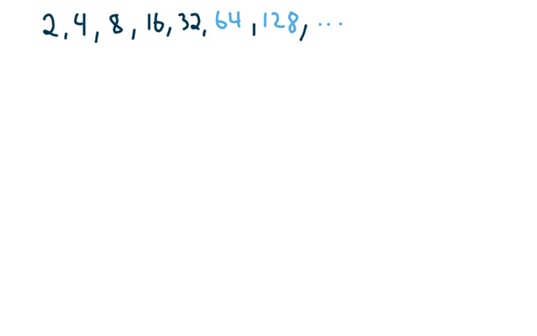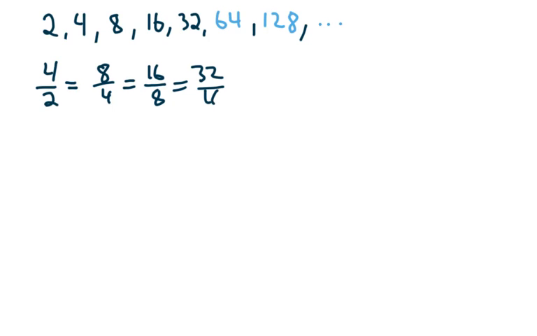So if I take the difference, I don't get anything really revealing, but I do get something really helpful if I take the quotient, the ratio of consecutive terms. 4 divided by 2, and 8 divided by 4, and 16 divided by 8, and 32 divided by 16, etc. They're all going to give you the same thing.